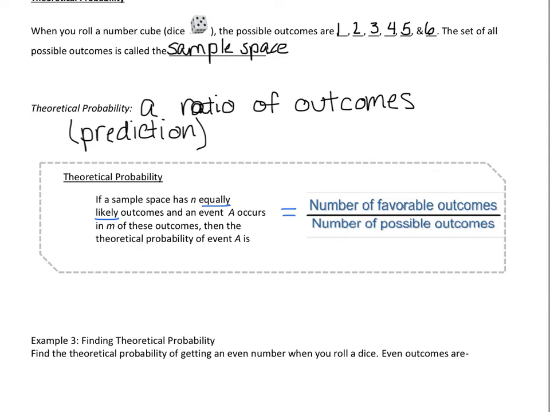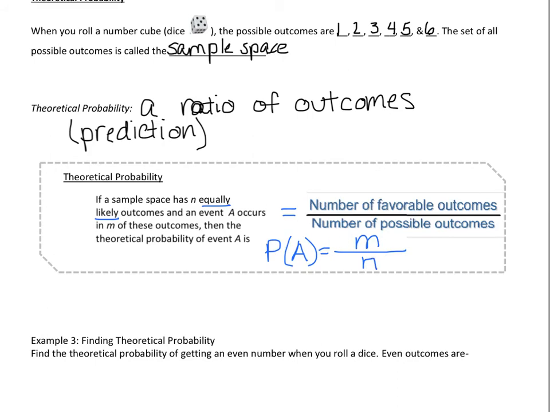Okay, so the way we'd write this is the probability of event A is the number of possible outcomes, that's the n. So for our dice, we have 6 different outcomes that could happen, so 6 would be on the bottom. And then the number of favorable outcomes, those are the ones we want, and that just depends on what we want. So the bottom is the number of total possible outcomes. The top is the favorable outcome, so the one we want. And we write it like this.